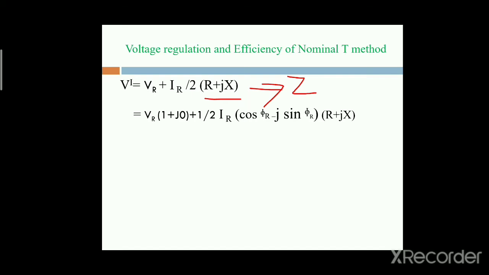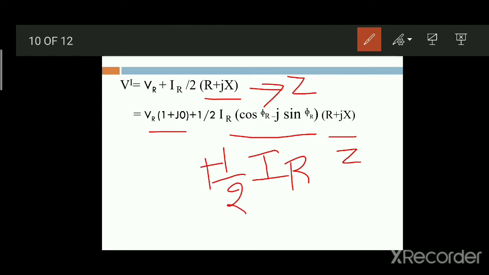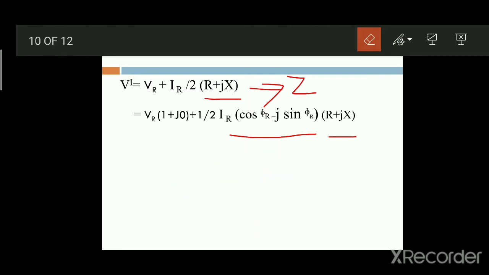Then we obtain V dash is equal to VR into 1 plus j0, plus 1 by 2 into IR into cos phi r minus j sin phi r, into Z. Substitute this VR value, IR value and Z value in this equation, then we obtain V dash.